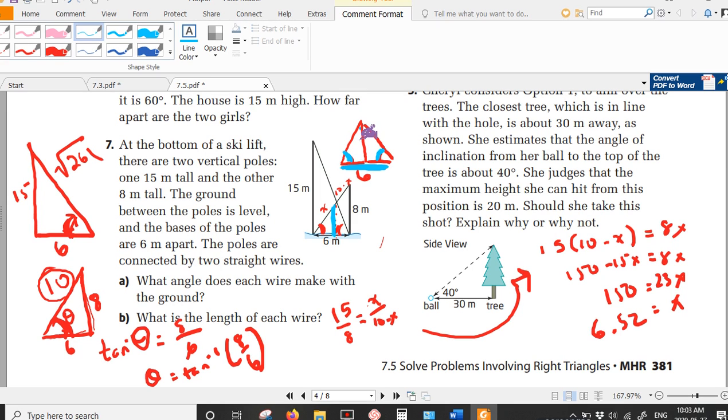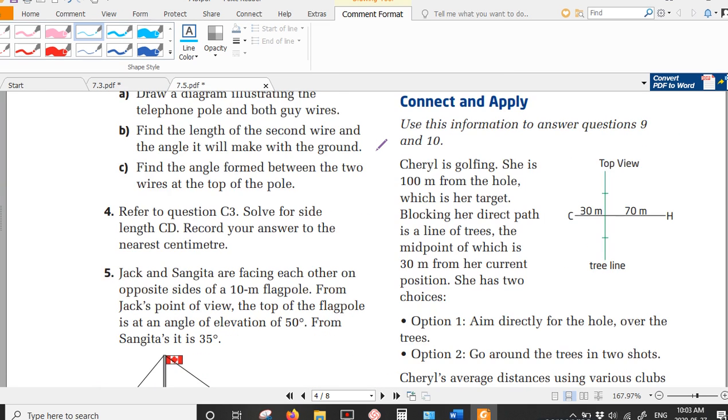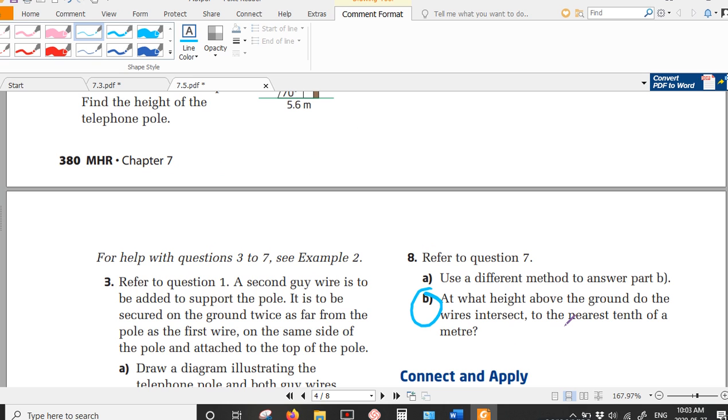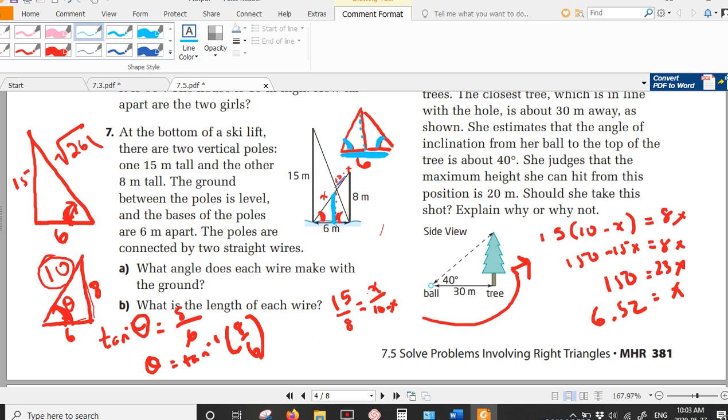My job is to find this height, because question 8 is asking, at what height above the ground do the wires intersect? So they intersect here, so we need to find this height. The problem is, if I look at this triangle, even if I know these two angles, I don't have another side to work with. Because once I have one of these two sides, so for example, let's say I find this side right here, let's call this x, then I will be able to find this height.